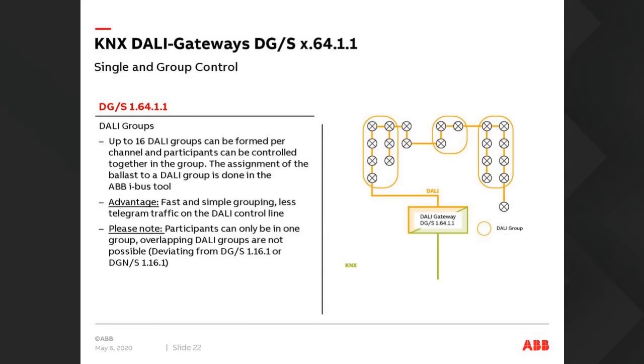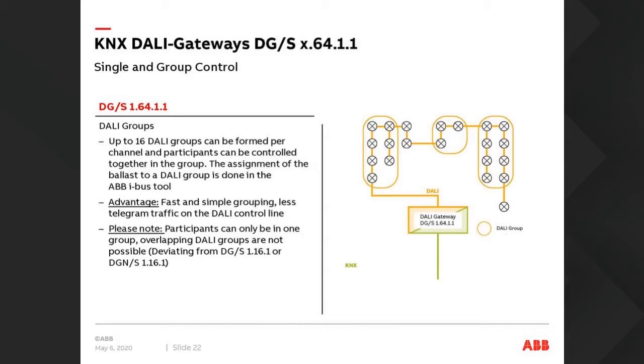If we control them in DALI groups, we lose some of that flexibility. However, what we now have is that I send one telegram to the gateway, and the DALI groupings are stored in the ballasts. So in effect, I can say turn group 2 on, for example. My DALI gateway sends a telegram out onto the DALI bus: group 2, please turn on.